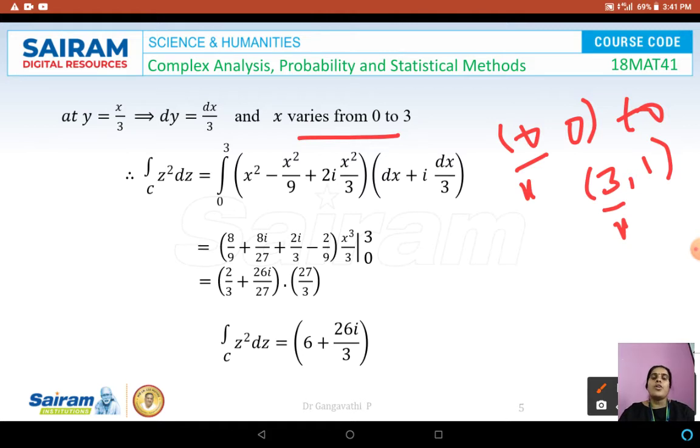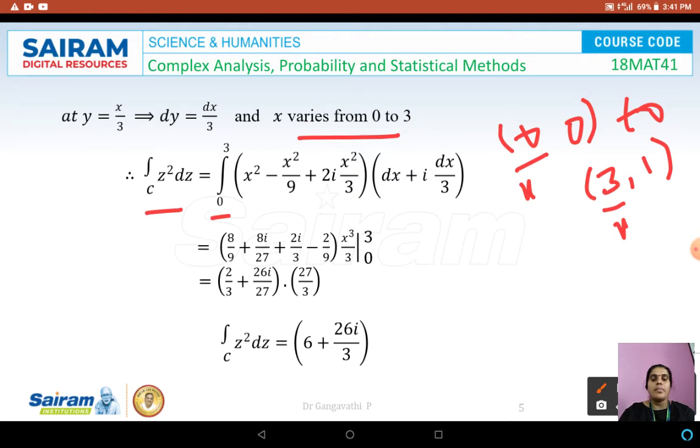Now let us substitute all that in the given integral. Integral over C of z square dz, let us substitute for z square, dz and the limits. Since we are taking x limits, x varies from 0 to 3, and we are converting everything in terms of x.